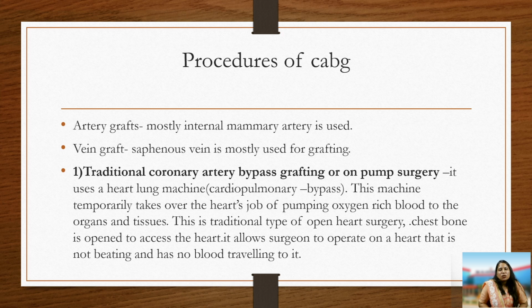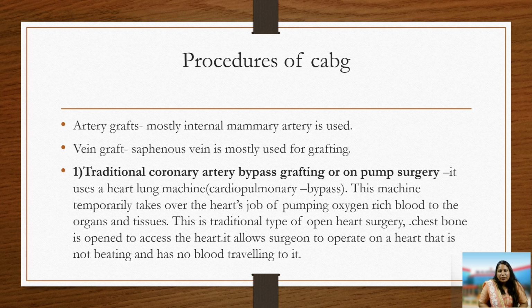Then the procedures of CABG: artery grafts, mostly the internal mammary artery, are used. Vein grafts, mostly the saphenous vein, are used for grafting. The first one is traditional coronary artery bypass grafting or on pump surgery. It uses a heart lung machine.